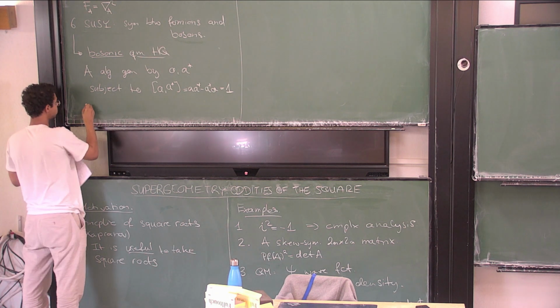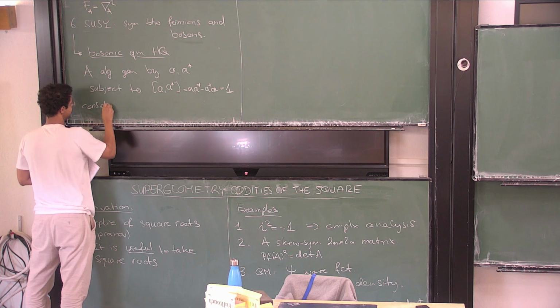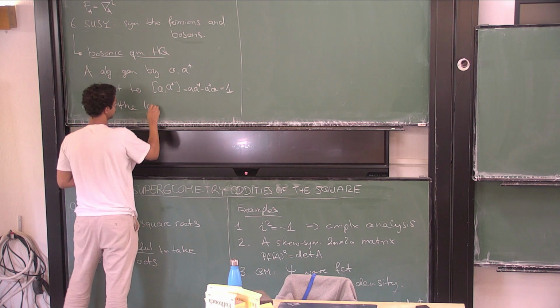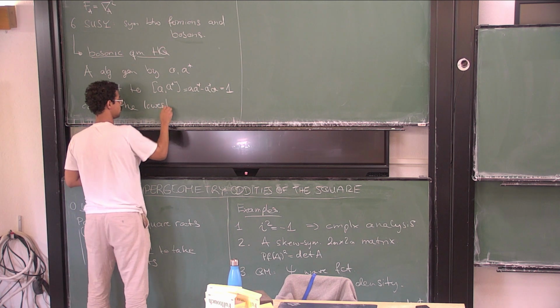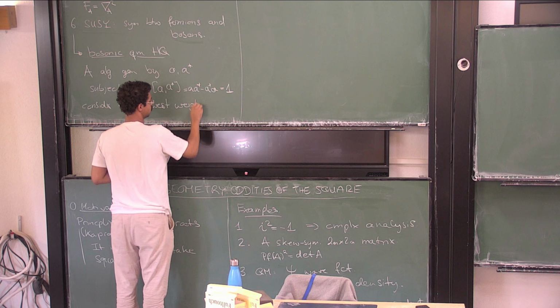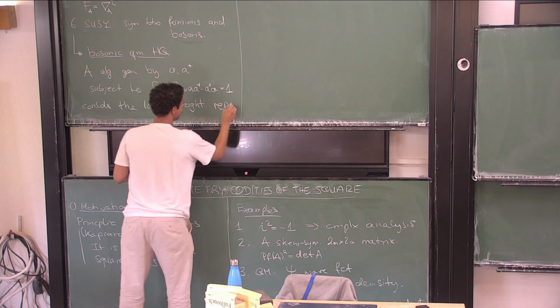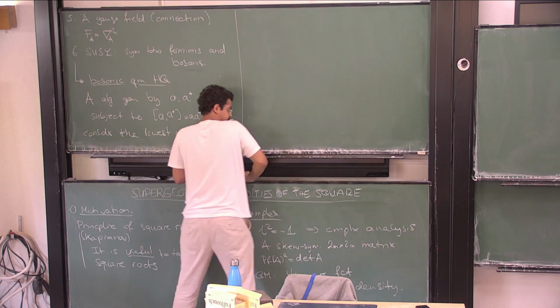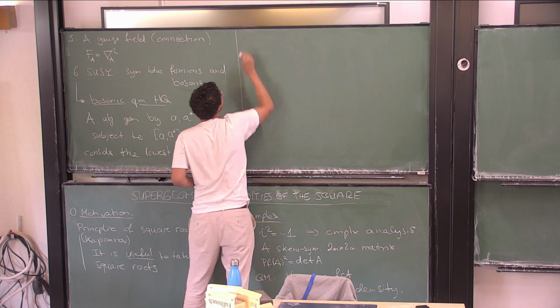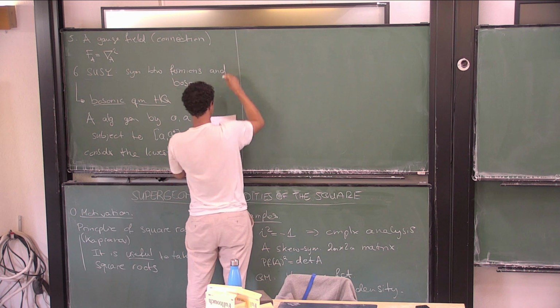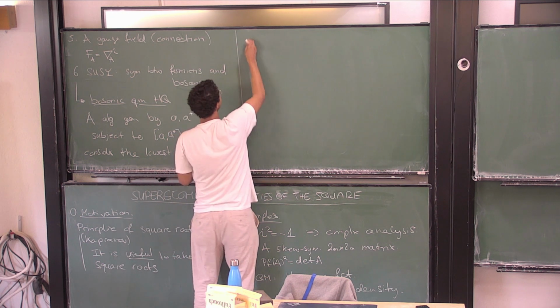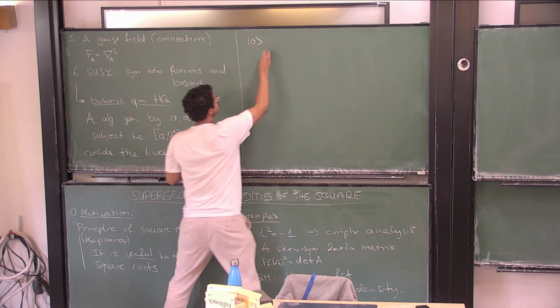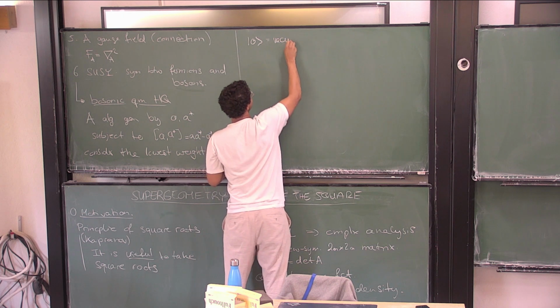So what we want to do is consider the lowest weight representation of A. What does this mean? This means we want to consider a state, let me write here, 0, which is supposed to be the vacuum.